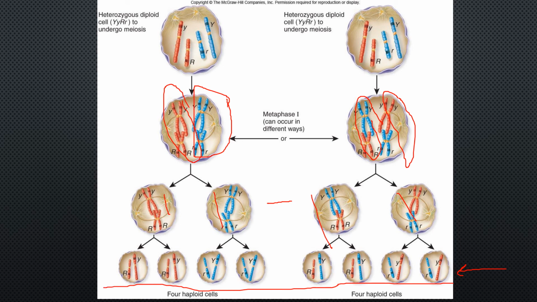And notice that our phenotypes are going to be based, of course, on the genotype. So we have recessive Y, dominant R, recessive Y, dominant R, dominant Y, recessive R, again, dominant Y, recessive R. We have both genes being dominant, Y and R, these two times, and then both recessive, y r, y r.